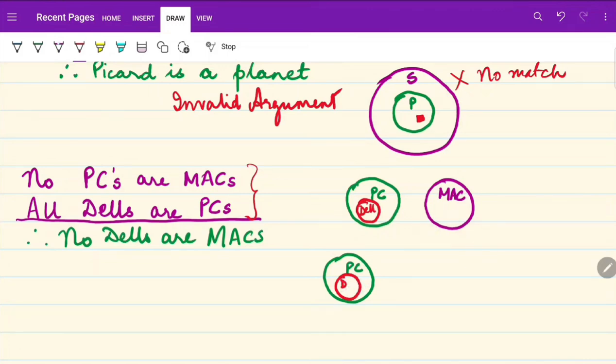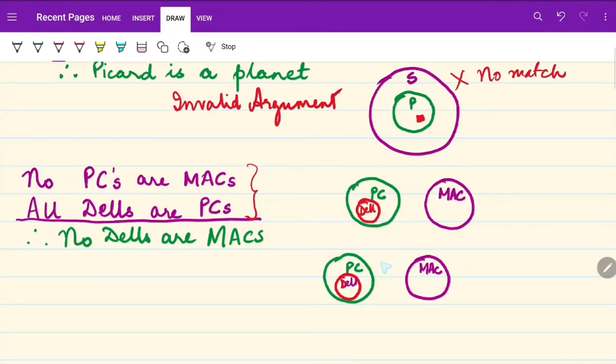And then we will have the Mac, which is a circle, disjointed circle. Correct? And no Dells are Macs. So this picture here is showing that the Dell computers have nothing to do with Macs. It's in no way a part of Mac.